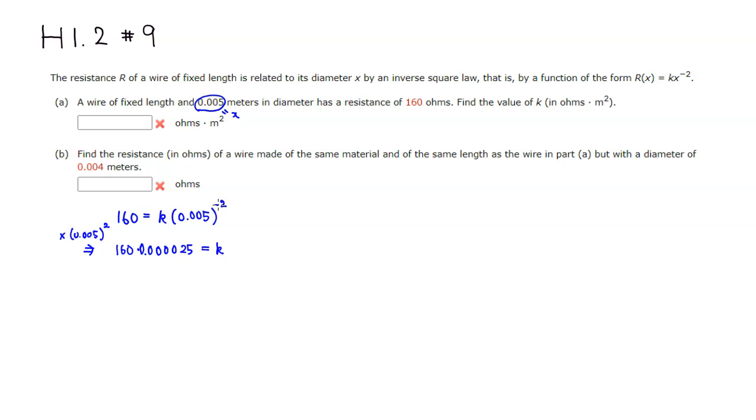So we got that. Now we just need to multiply this: 0.000025 multiplied by 160. 6 times 5 is 30, and 6 times 2 is 12, so it's going to be 15 here.